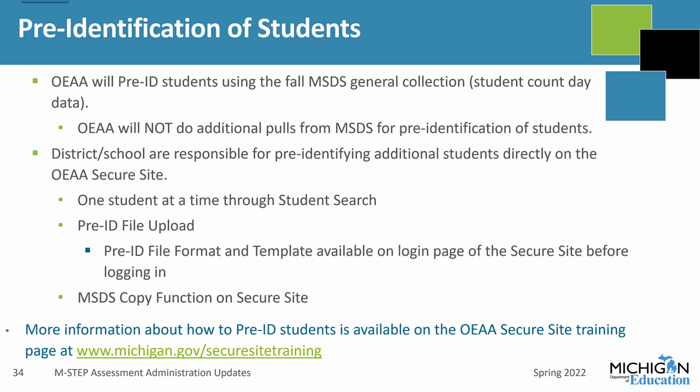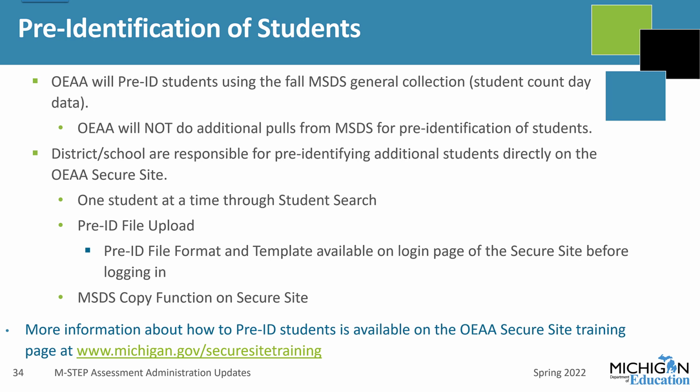Depending on the changes that you've had in enrollment and the accuracy of the MSDS General Collection data for your school or district, you can pre-ID students one at a time using the student search method, or if you have a lot of students to add, you can follow the pre-ID file format and template to upload a lot of students. Or if you are confident in the accuracy of the data in MSDS, you can use the MSDS copy function on the Secure site.